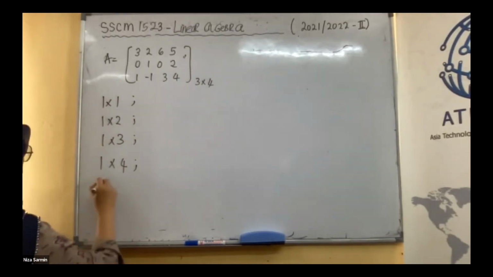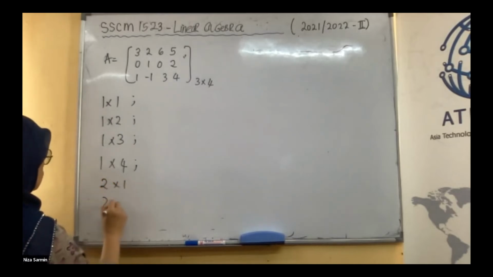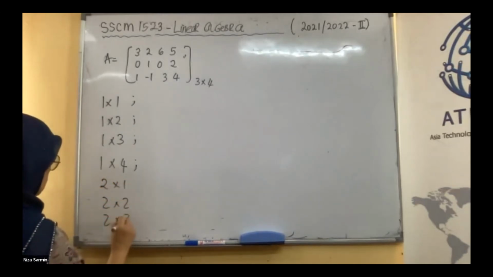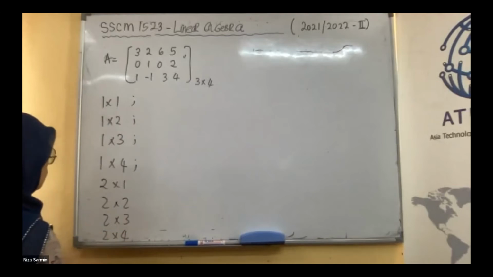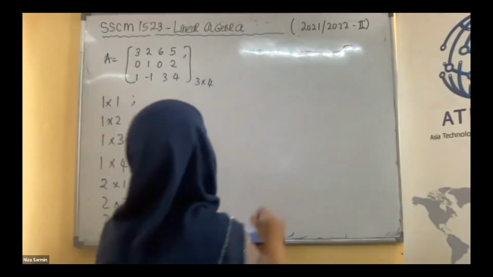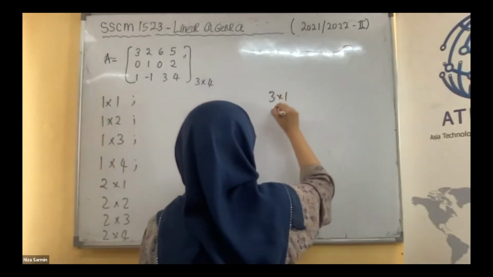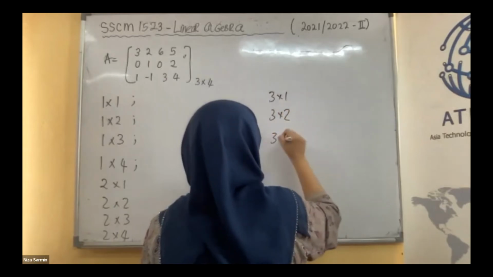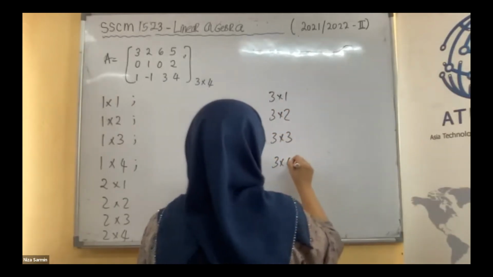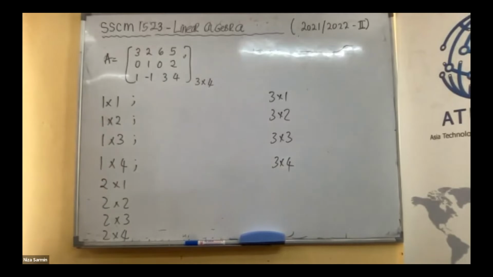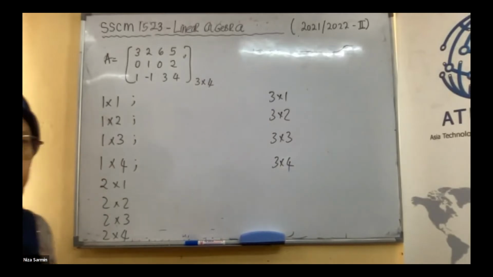Then you have 2 by 1, 2 by 2, 2 by 3, 2 by 4. Then you have 3 by 1, 3 by 2, 3 by 3, 3 by 4. Because you have 3 rows and 4 columns.